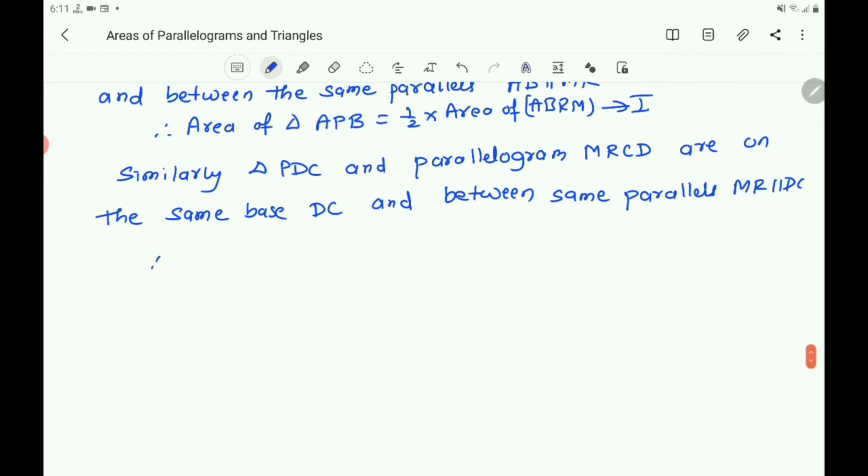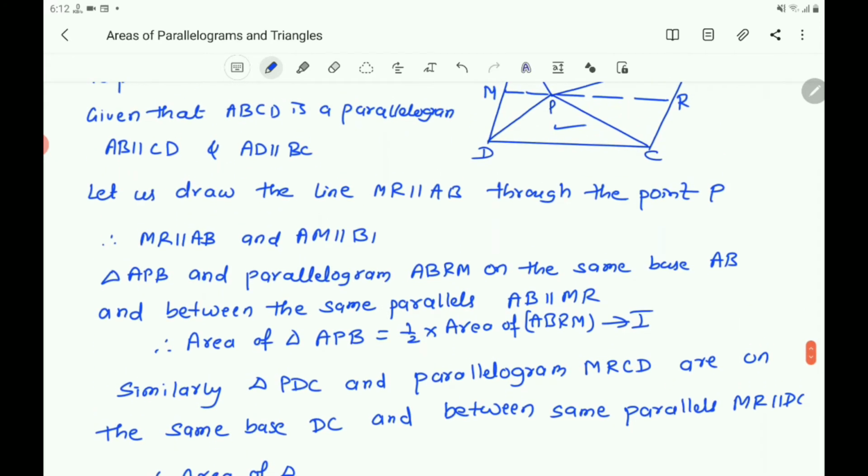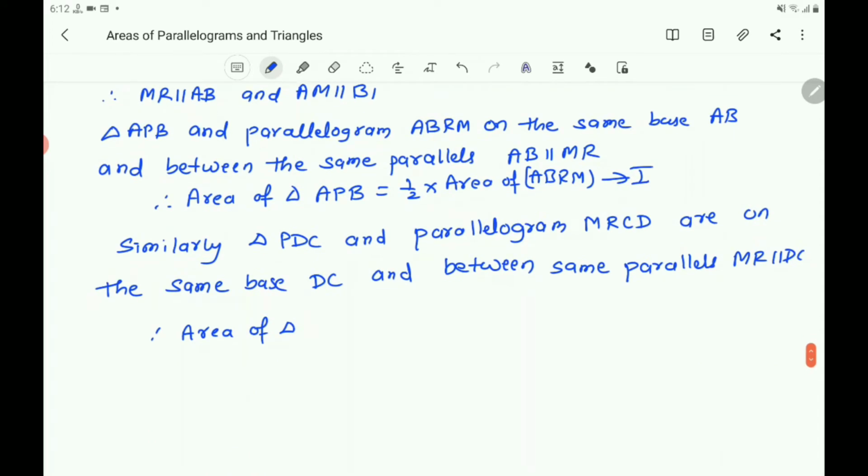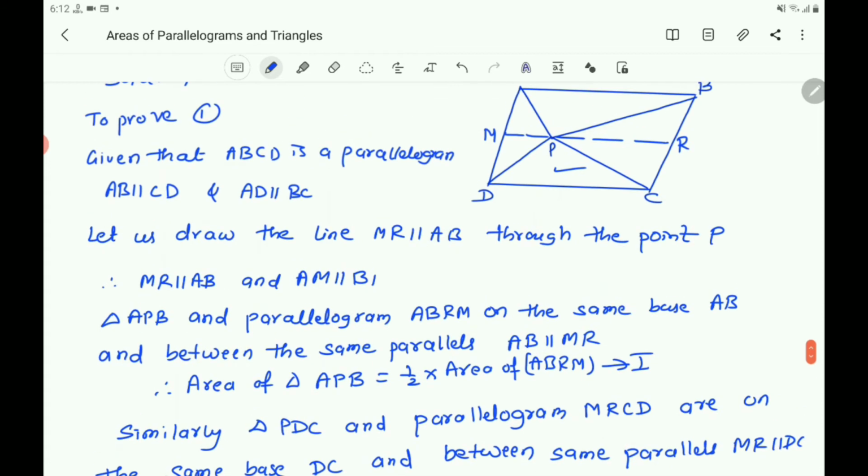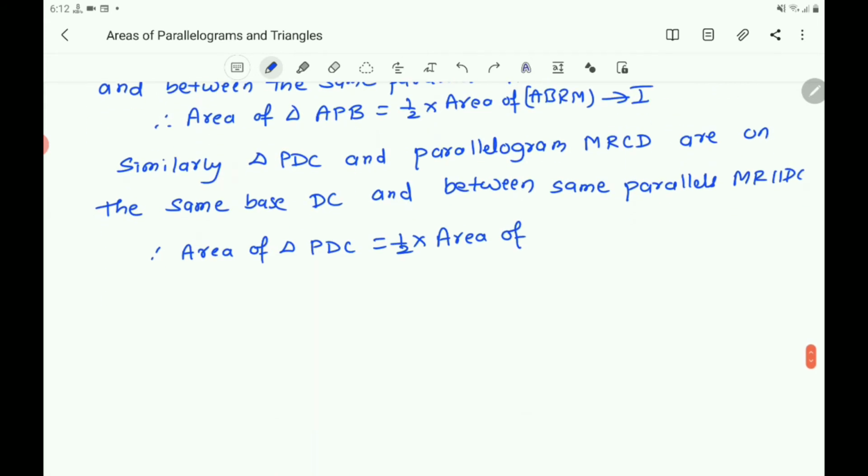Therefore, again you can write area of triangle PDC equals half into area of parallelogram MRCD.